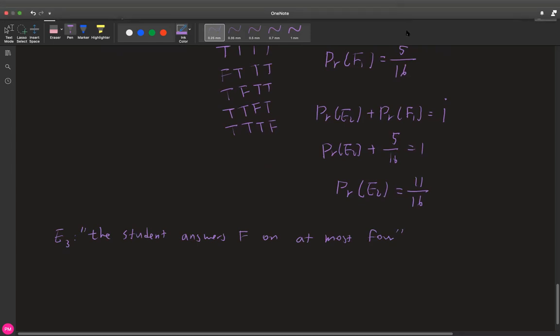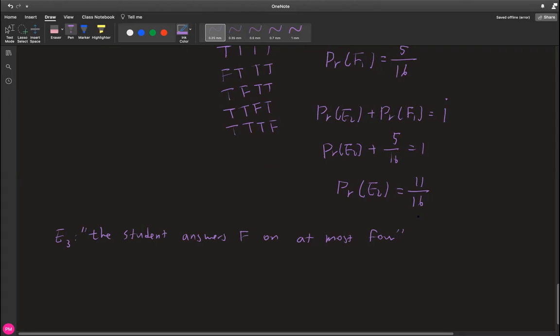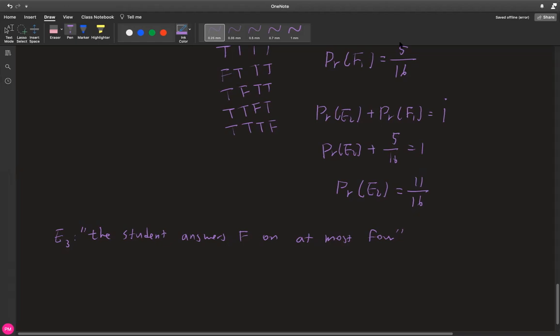If a student answers at most 4, this means the student answers either 0, 1, 2, 3, or 4. So at most 4 includes everything before.